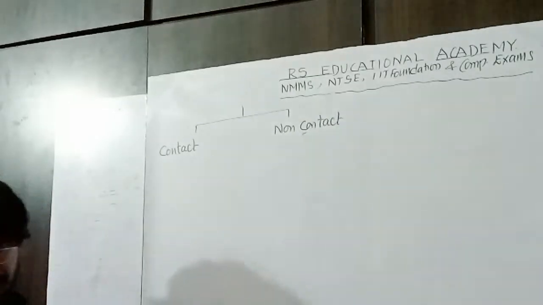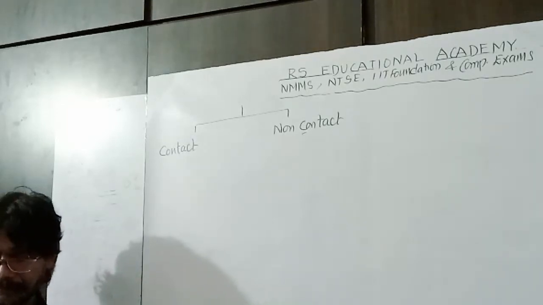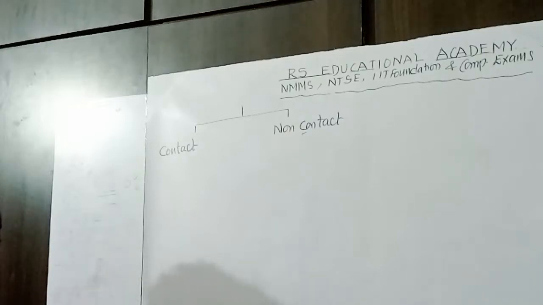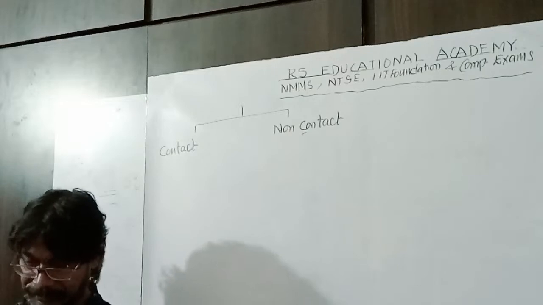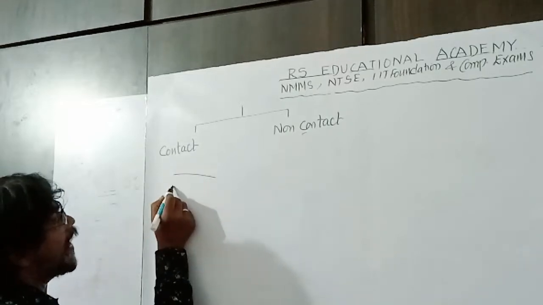Among the contact forces, the first one is muscular force. The force which is applied by muscles, that is, the force which works through muscles. What we say, this is called a muscular force. Suppose this is a hand.